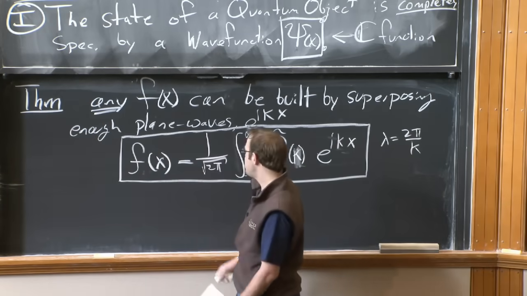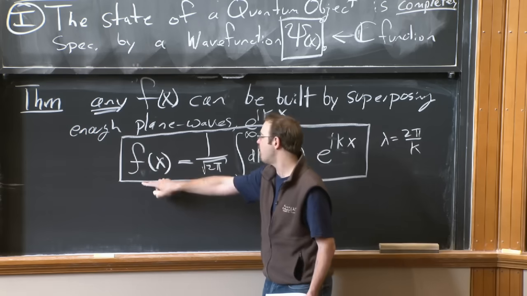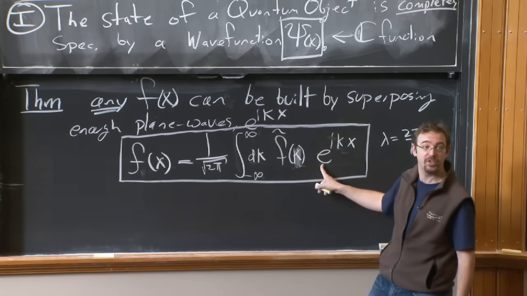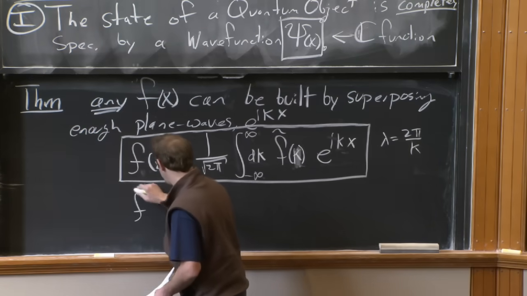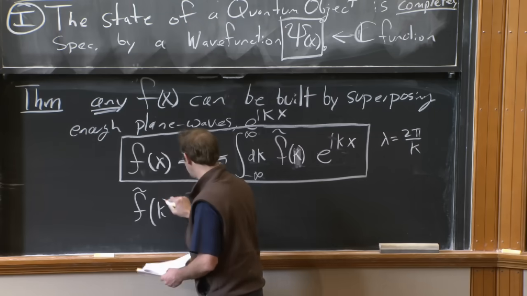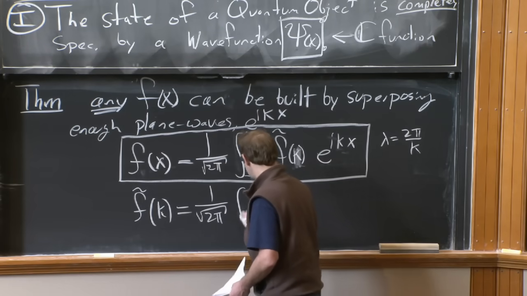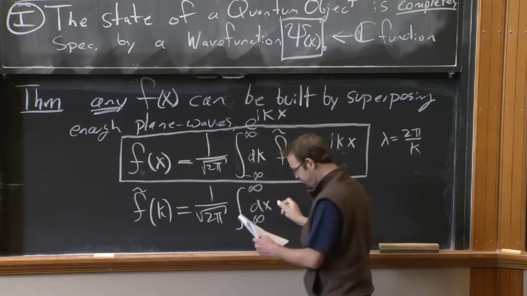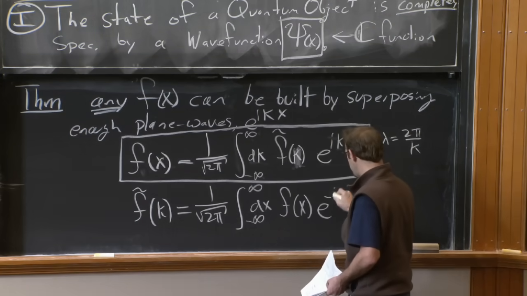Now, conveniently, if you know f tilde of k, you can compute f of x by doing a sum. But suppose you know f of x and you want to determine what the coefficients are, the expansion coefficients. That's the inverse Fourier transform. And the statement for that is that f tilde of k is equal to 1 over root 2 pi integral from minus infinity to infinity dx f of x e to the minus ikx.